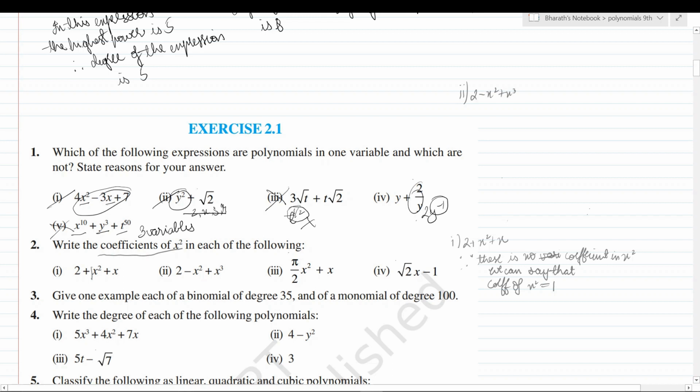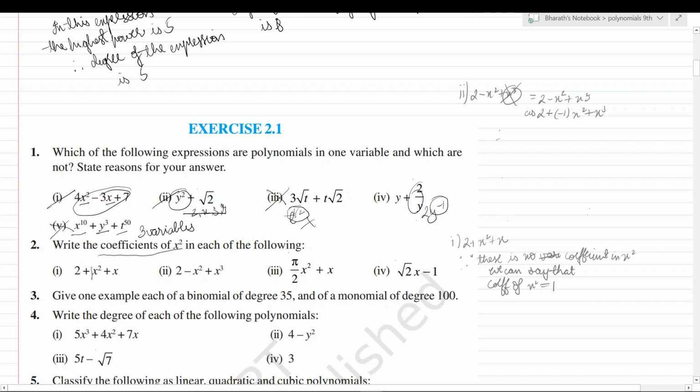Here we don't want the coefficient of x cube, we need only x square. So we can rewrite this, 2 minus x square plus x cube, as 2 plus minus 1 into x square plus x cube.